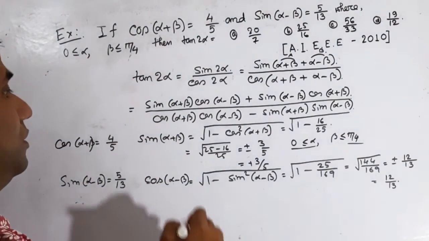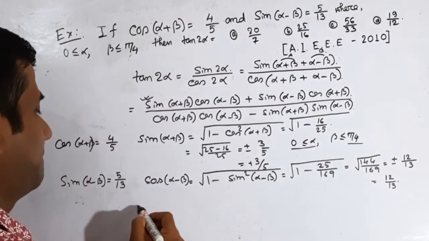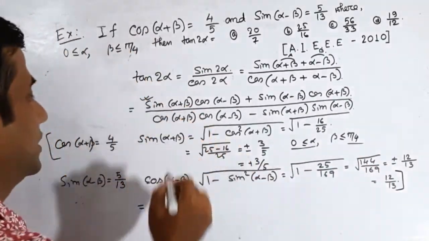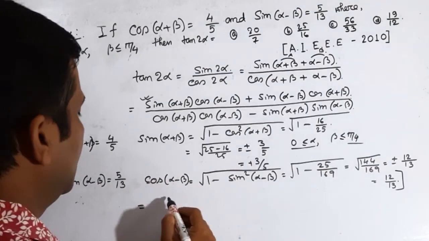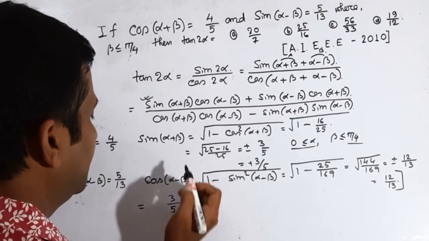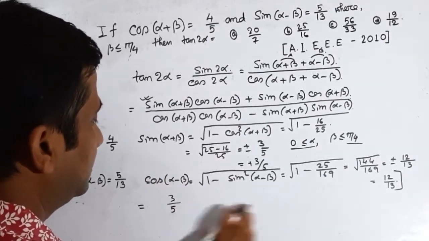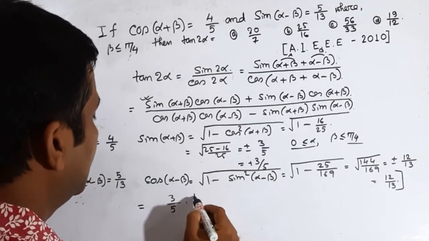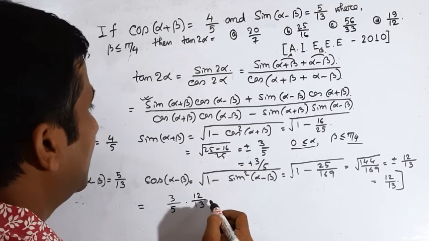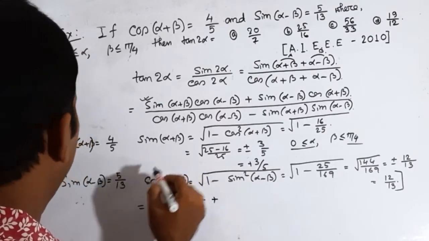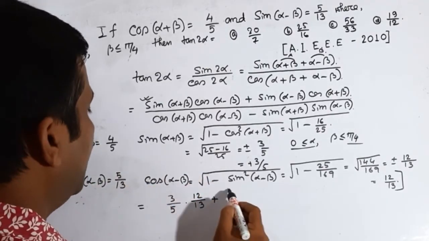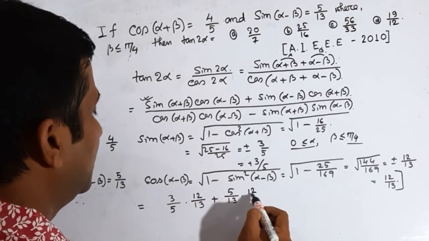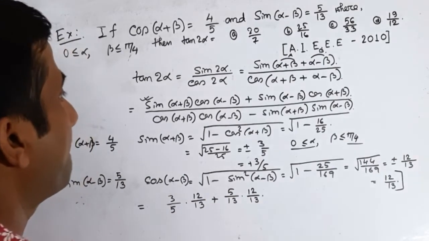Now from the given condition, sin(alpha plus beta) means 3 by 5, cos(alpha minus beta) means 12 by 13, plus sin(alpha minus beta) means 5 by 13, cos(alpha plus beta) means 4 by 5.